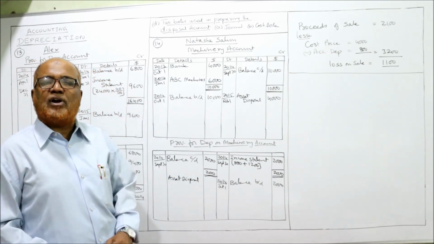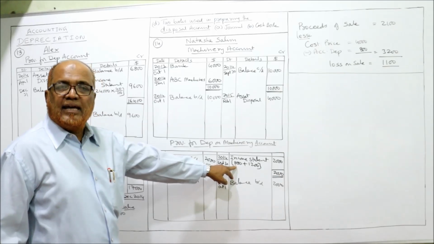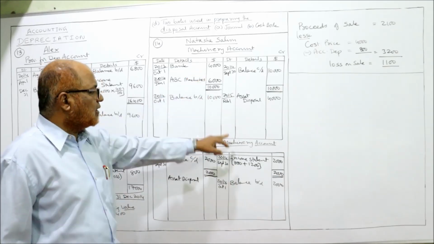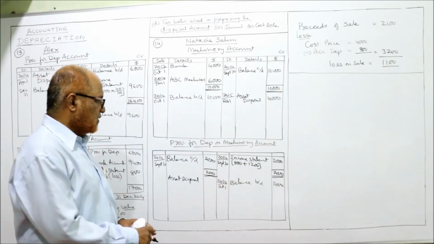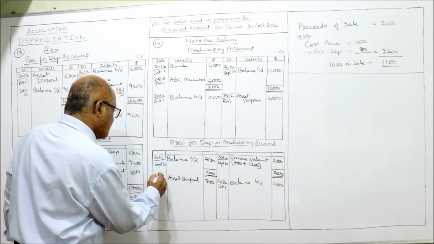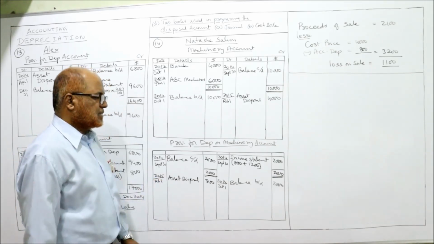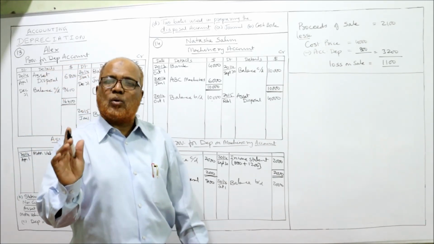How much is the provision for depreciation for the first machine? Here you have written 800. 800 is the depreciation provided on the first machine. That will be transferred. This is 2015 Feb 1st. That's it. 2 entries are over.